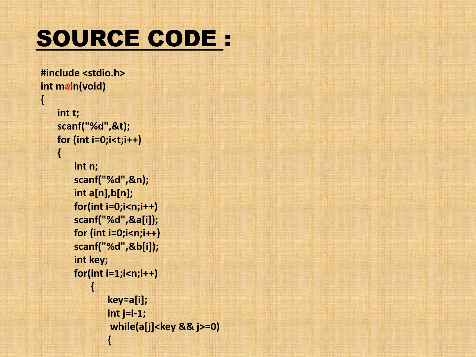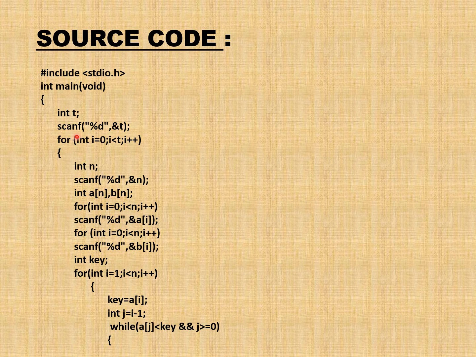The second line contains int main, where we are declaring the main function. In the third line, int t, we are declaring t. This is the body of the program. Here we are declaring t as an int, and the t variable is taken at runtime.